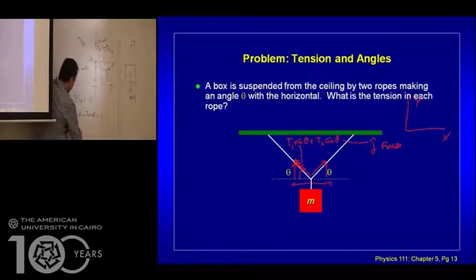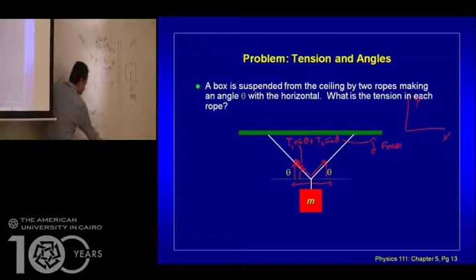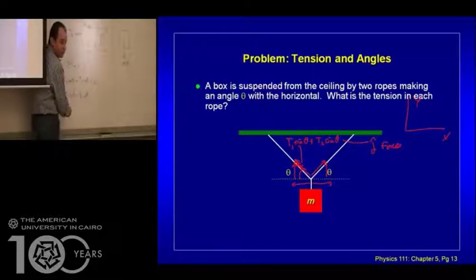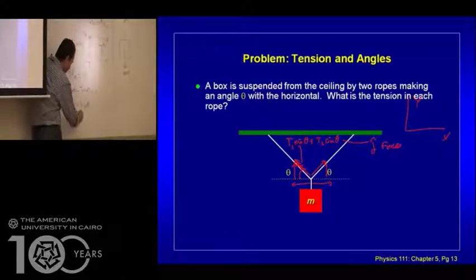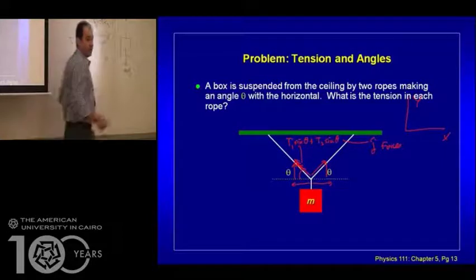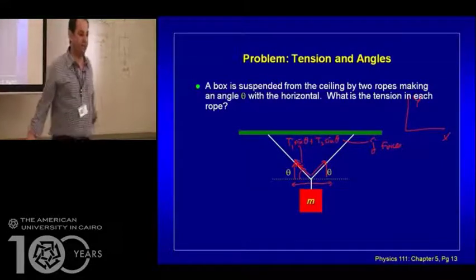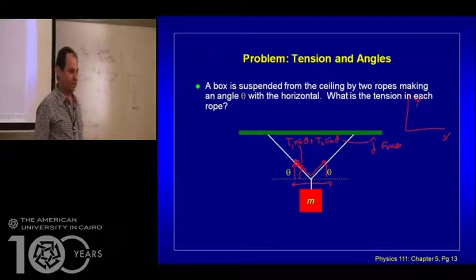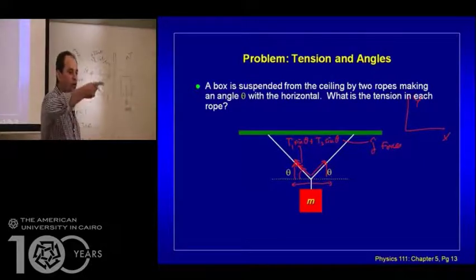That means T1 cosine theta equals T2 cosine theta. Cosine theta cancels out, then you get T1 equal to T2. That's what you were saying, and we have proven that.